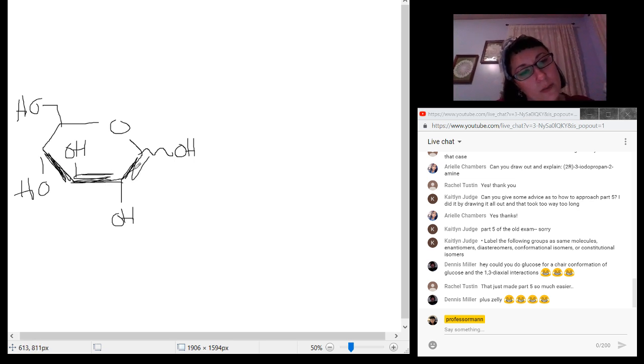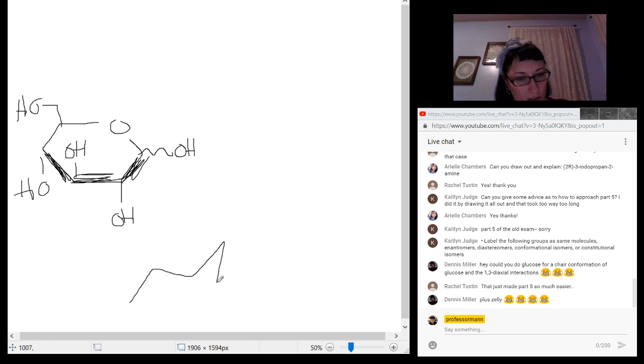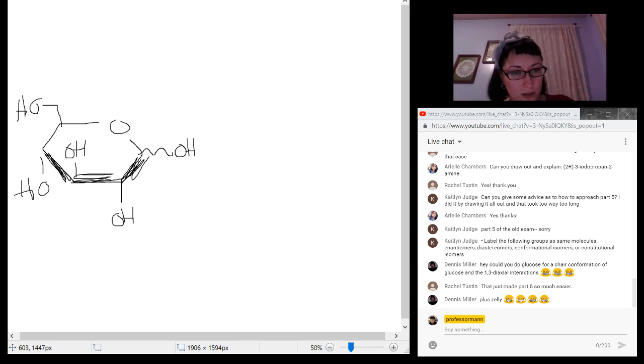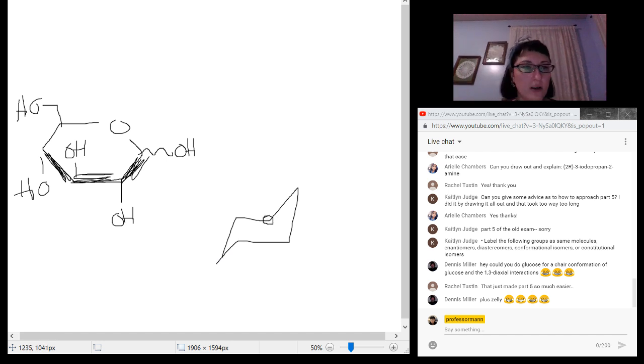We use them a lot in biochemistry. So that adopts chair conformations, right? So if I put this into a chair conformation, let's put it so the oxygen is right there. So it kind of looks like what we have there.